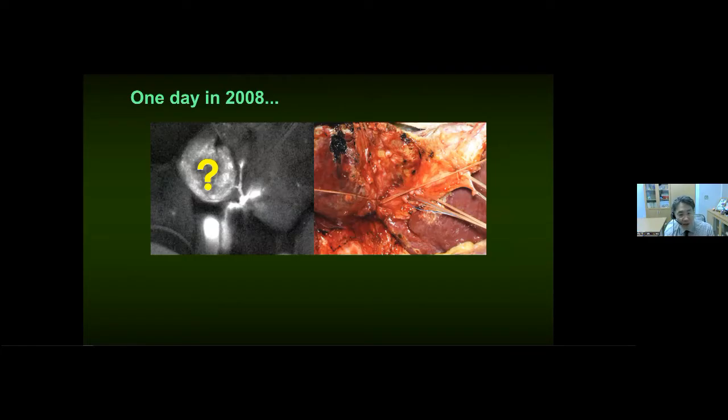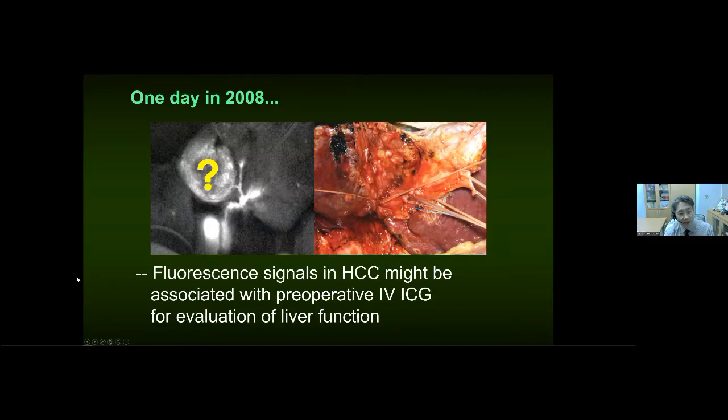I didn't understand this phenomenon at first, but after the accumulation of similar cases, I started thinking that the liver tumor showed strong fluorescence signals, probably because the ICG that had been injected preoperatively for the preoperative liver function test could accumulate in the hepatic tumors. That's why the liver tumors showed fluorescent signals.